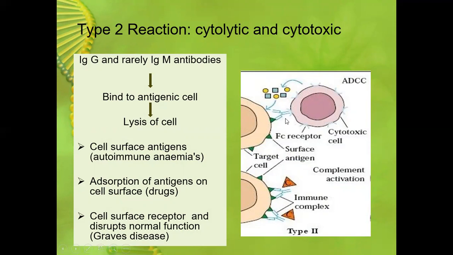And this lysis of the cells was caused by the release of cytotoxic agents and cell surface antigens, and upon the absorption of the antigen on the cell surface receptor, it causes a disruption of normal function, and that leads to Graves disease. So Graves disease is the example for type 2 hypersensitivity reaction.